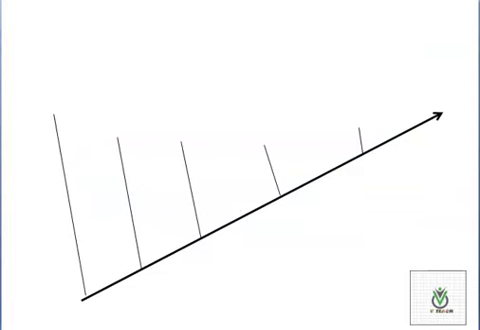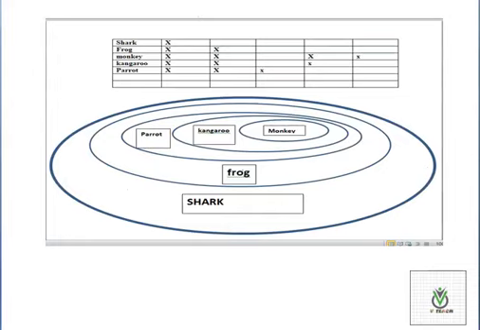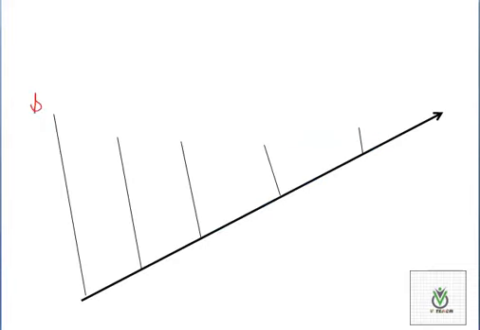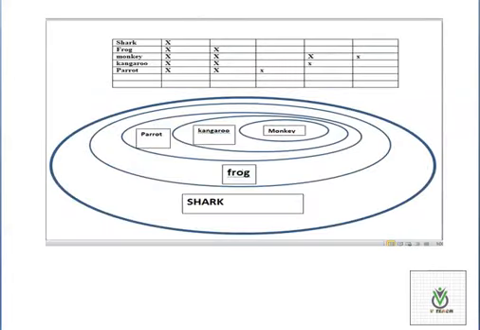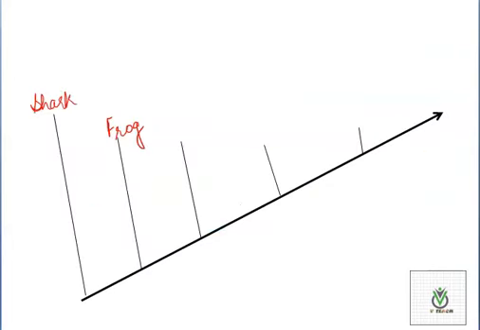So on this cladogram, the first structure which is going to come is the shark. Then the next is the frog. Then parrot. Kangaroo. And monkey. Now here we will write those characteristics on the basis of which this classification is done.